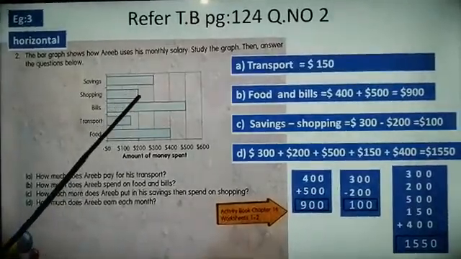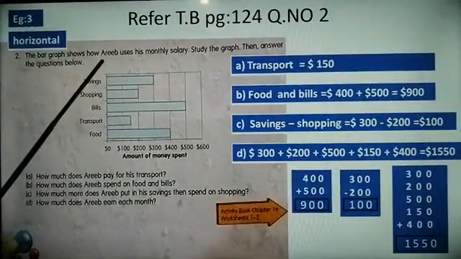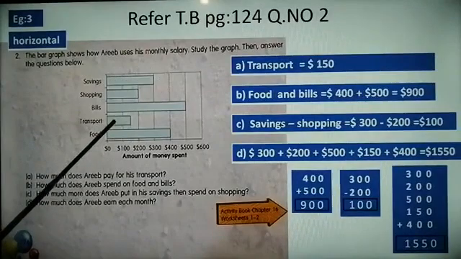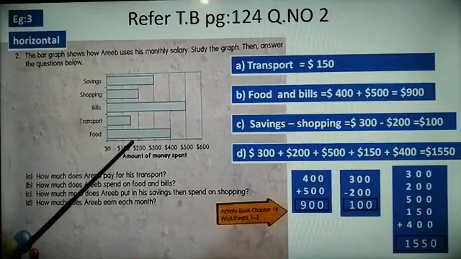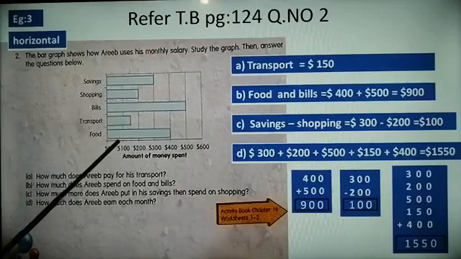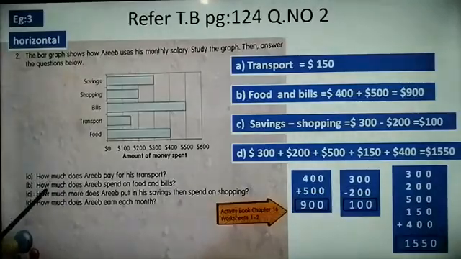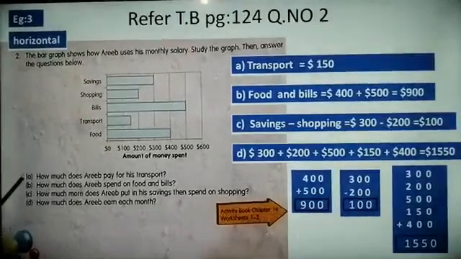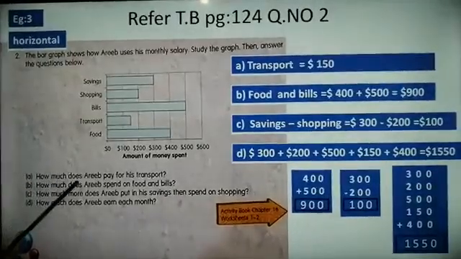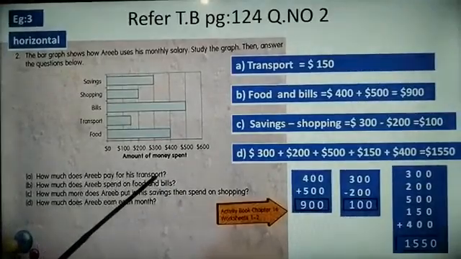So the bar graph is given there about Arif's monthly salary. What you have to do is study the graph. Study means you have to go through each bar properly. Then 4 questions are given there, and you have to find the answers. Question number 1A, how much does Arif pay for his transport?